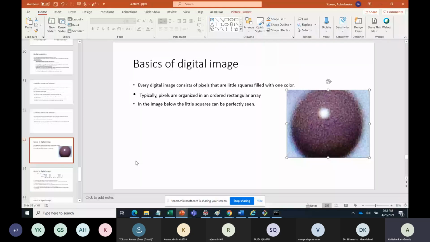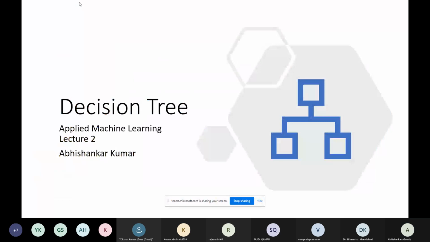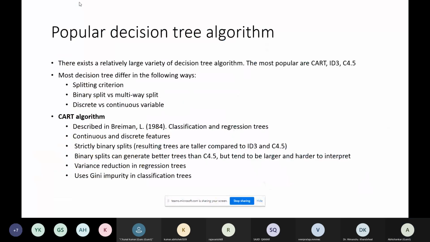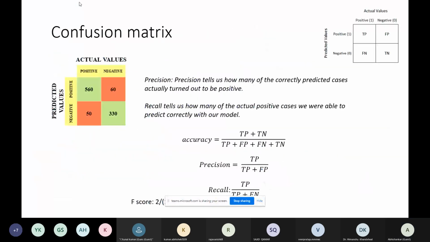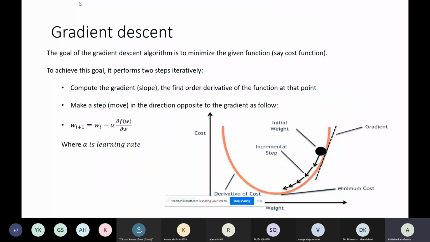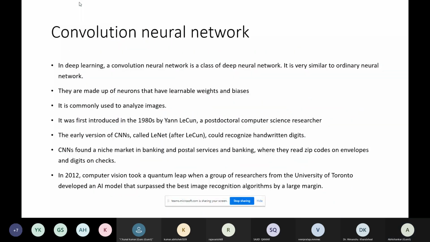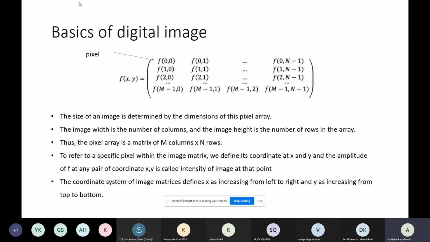So digital images are made up of pixels, and pixels are nothing but little squares filled with a color. You can represent a pixel as f of x comma y, and all the pixels can be organized in a matrix form.